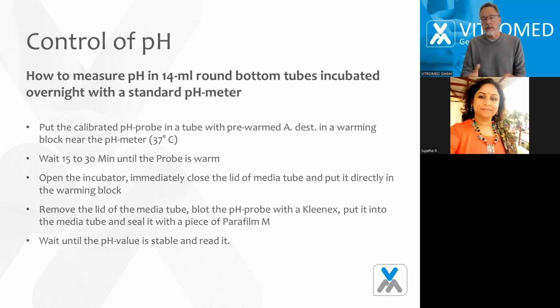It is important that the medium inside the tube doesn't get too much contact with the air, because then CO2 will diffuse out of the medium and the pH value you measure maybe is not correct. Okay, when you have done this, just wait until the pH value is stable, read it and document it.